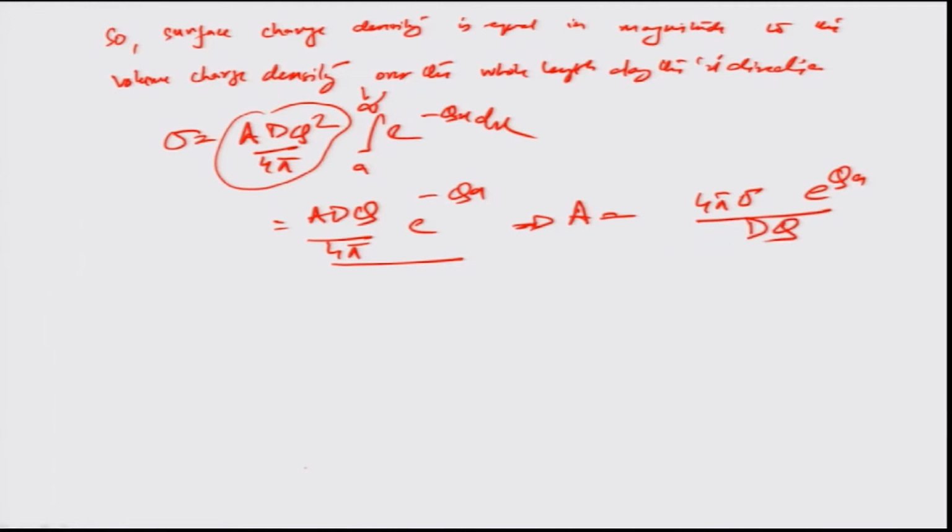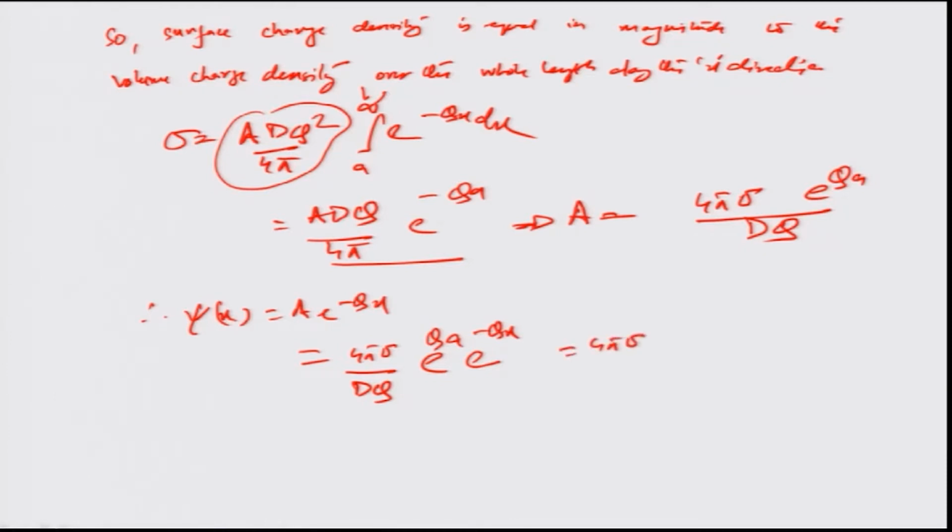If I substitute this back into the expression for rho x, which is A e to the power of minus qx, I would have 4 pi sigma by dq e to the power of qa times e to the power of minus qx. In other words, 4 pi sigma by dq e to the power of q(a minus x).